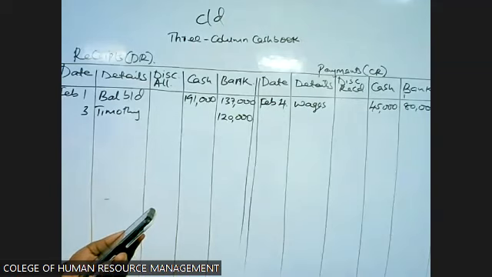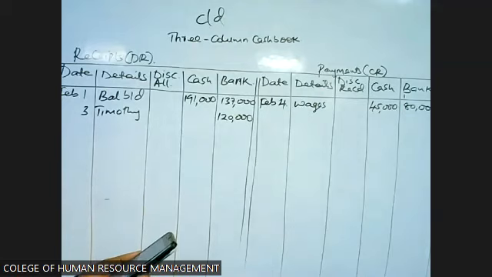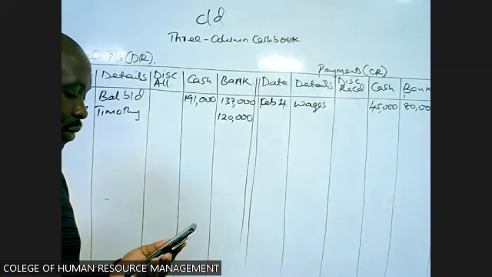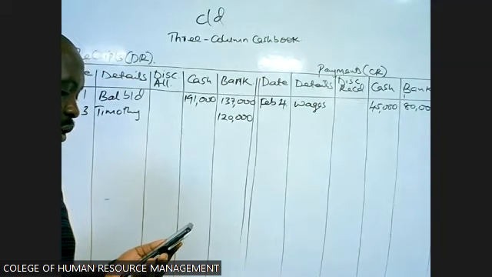On 8th, received cash of 15,360 from James after deducting 4% cash discount. So that is now the part whereby we need to be a bit careful when a discount is involved. So we received cash from James, 15,360, after deducting 4% cash discount.